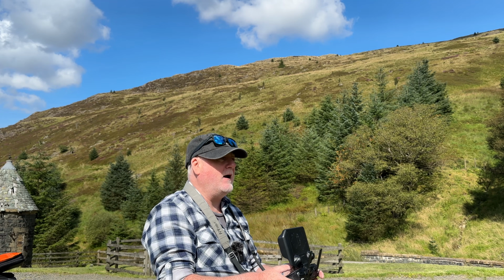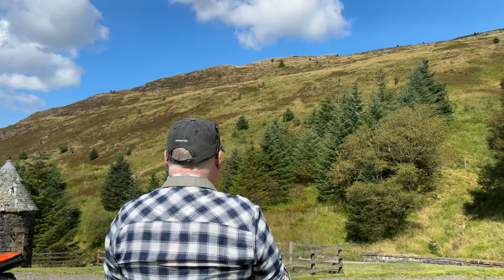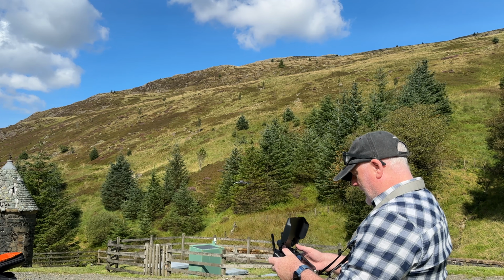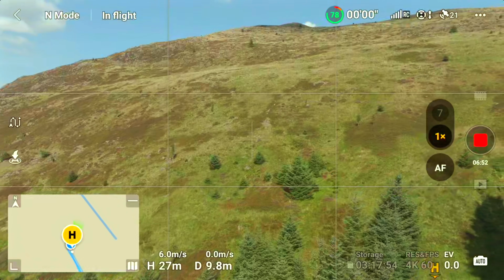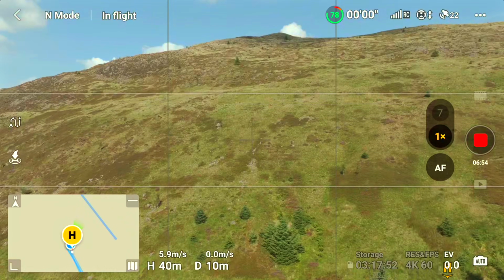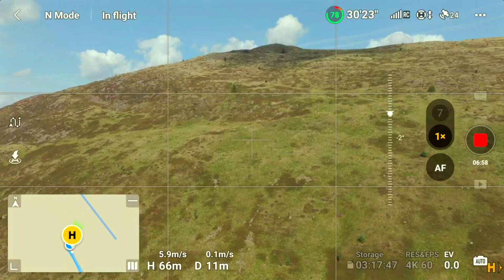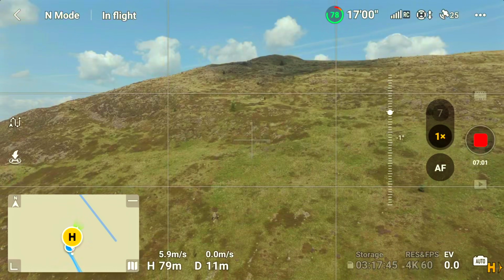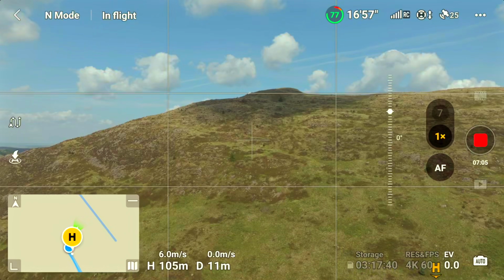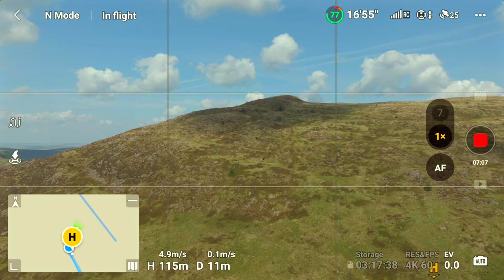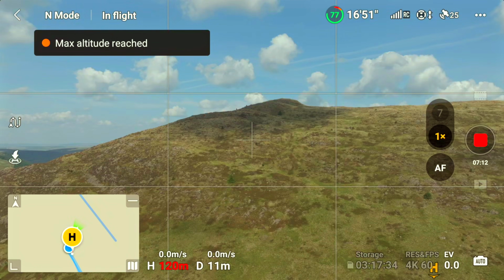I want to fly up that hill up there. Now, let's just check and see, is it above 120 metres? So if I go up to 120 metres and I set my gimbal to 0, so there you go, I've reached the maximum limit.